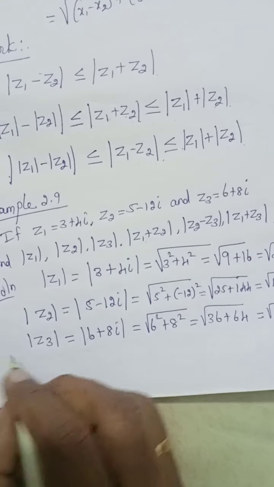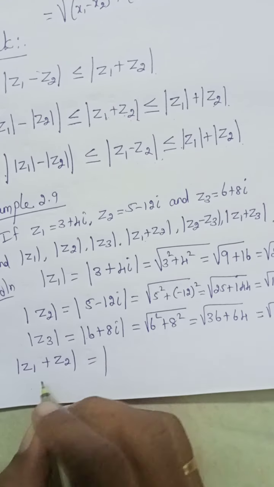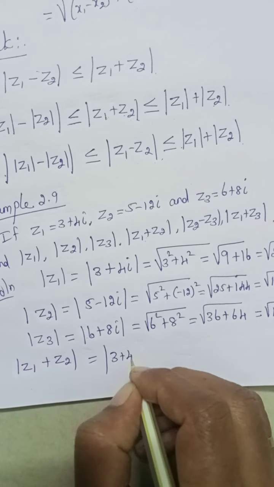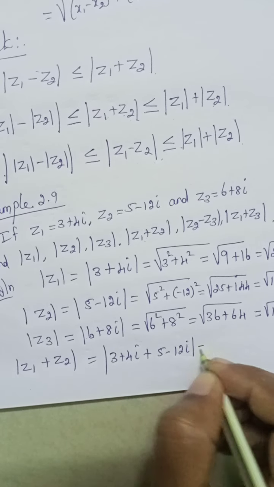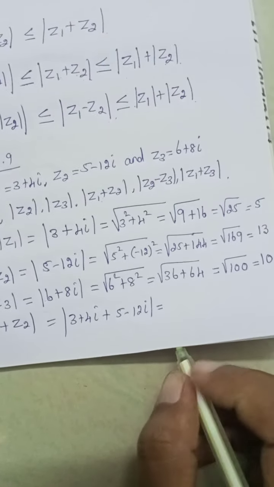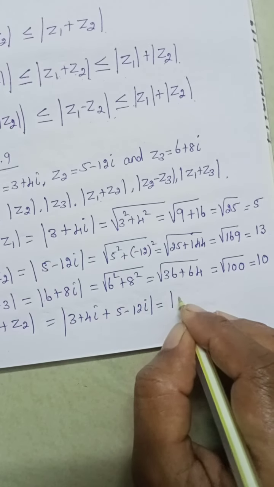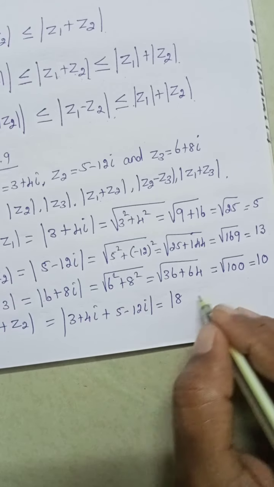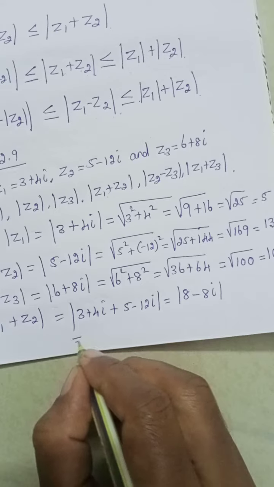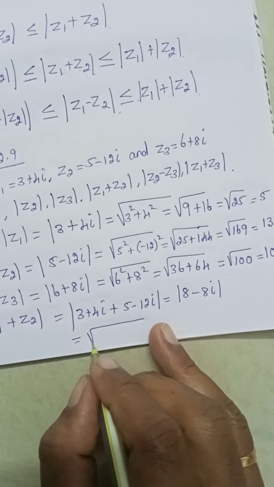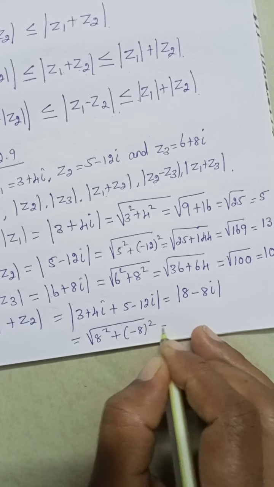Then the next one is modulus z1 plus z2. This is z1, 3 plus 4i, plus z2, 5 minus 12i. First we have to simplify this. We have to put together the real part and the imaginary part: 3 plus 5 is 8, 4i minus 12i is minus 8i. Now we can find it: root of real part 8 square plus imaginary part minus 8 the whole square.